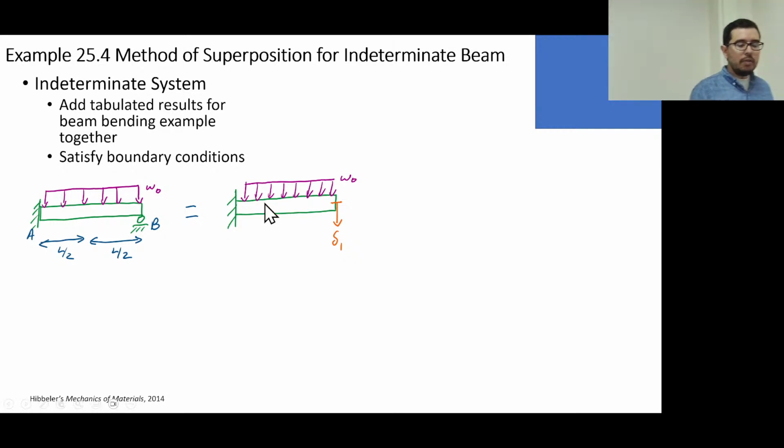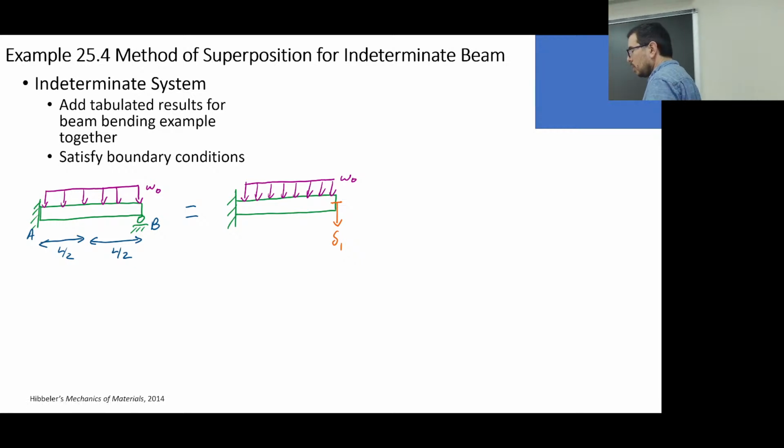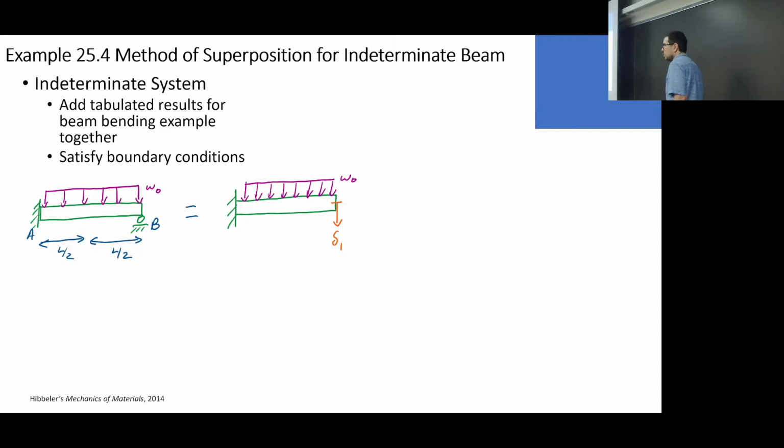So if I've taken away this constraint here, what do we need to do to kind of mimic what's happening in this problem?